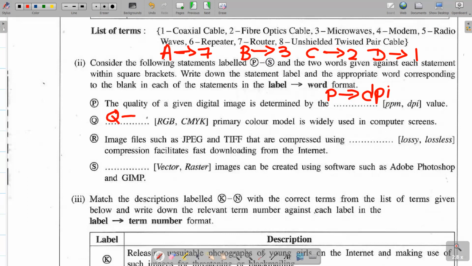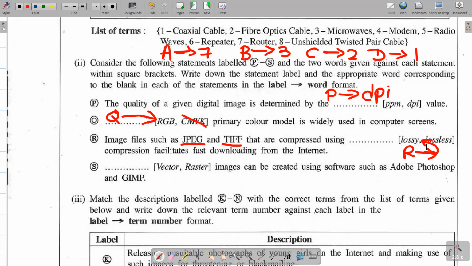So for Q, it is red, green, and blue. In R, it says image files such as JPEG and TIFF that are compressed using, if it is JPG and TIFF, they are lossy compressions. So R goes with lossy, over here.